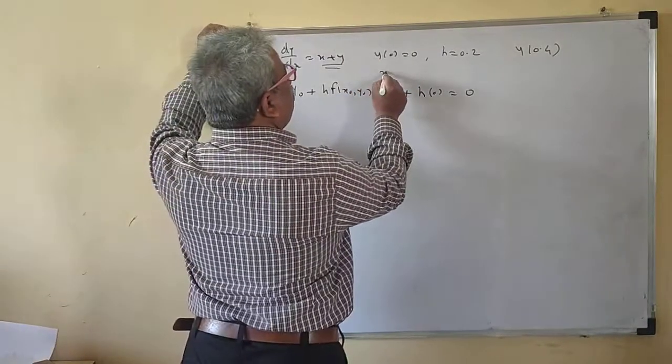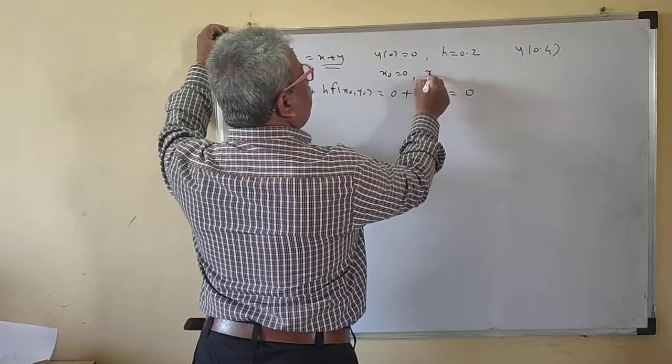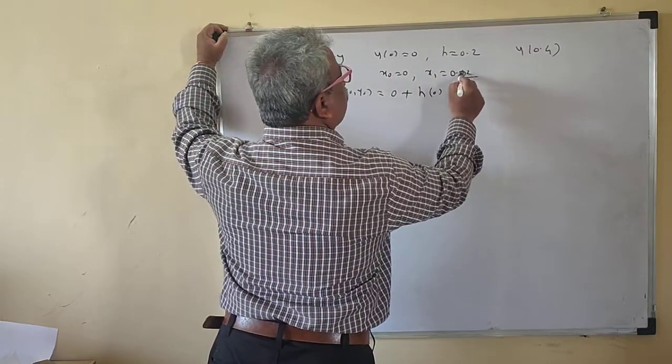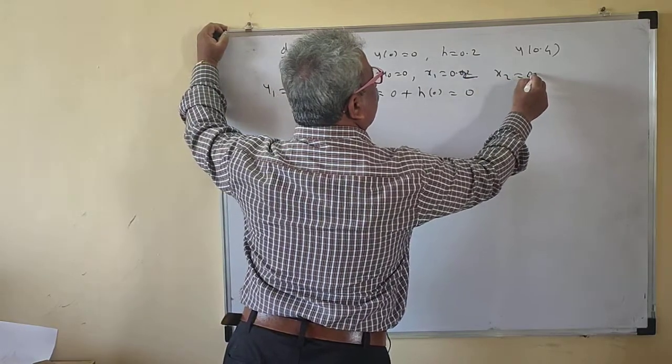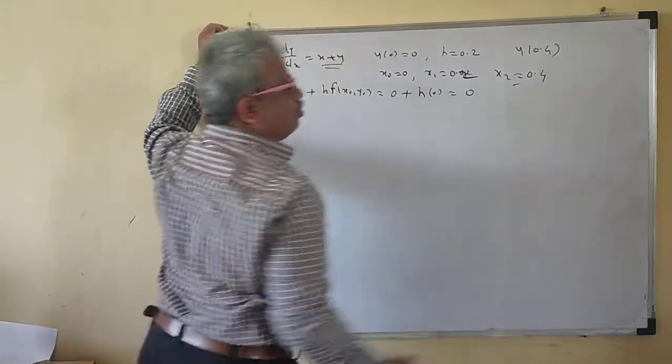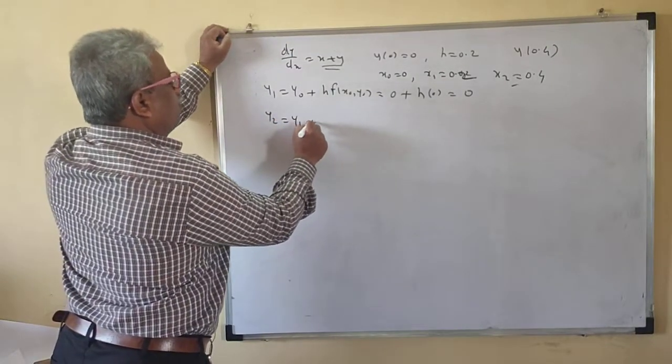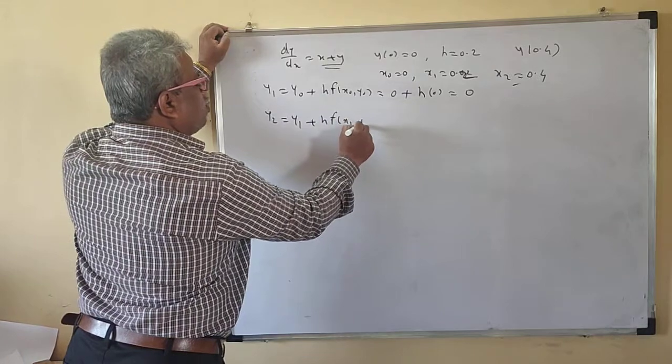Here your x0 is 0, your h is 0.2, so your x1 is 0.2, and your x2 is 0.4 now. That means you have to find y2 only. So y2 is equal to y1 plus h f of x1, y1.